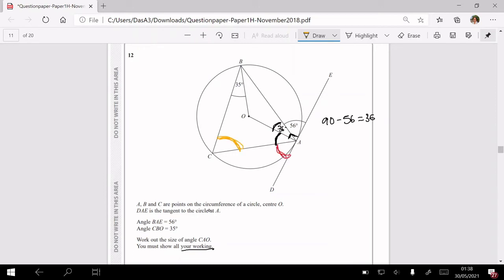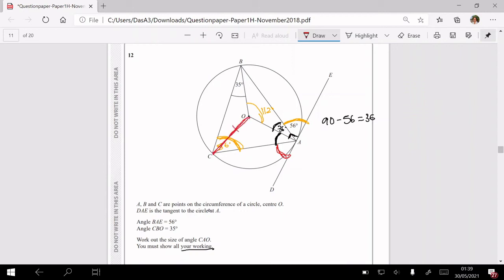So what I'm going to use is the alternate segment theorem, which is if this is 56, then this is also 56 degrees. So if this is 56, then this angle is 56 times 2, which is 112. So now what I'm going to do is not the most straightforward, because I'm going to cut this into two different shapes.